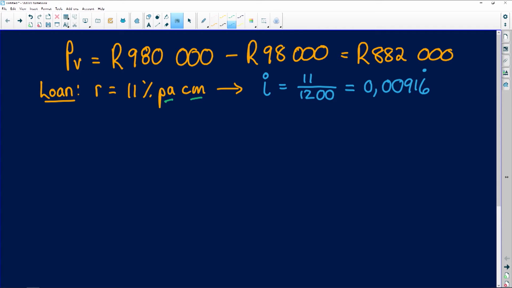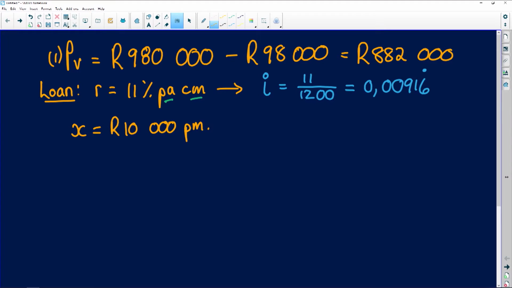Then it says he pays a monthly amount. So the monthly amount here is 10,000 Rand per month. We've already answered the first part. The second question says, how many months does it take to repay this loan? For 6 marks. So that is just a normal annuity.